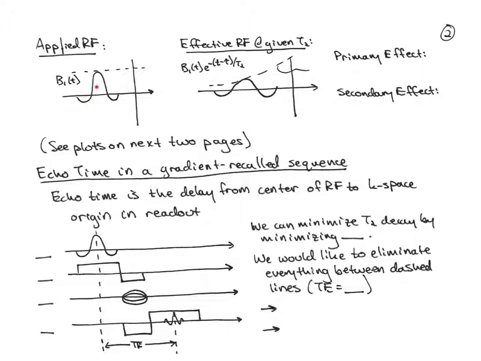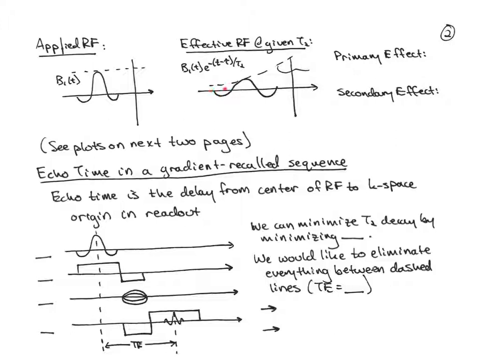So here's the applied RF waveform, and here's the effective RF waveform given this T2 relaxation. So what we have is essentially that the time points early on in the pulse are going to decay more than the time points later in the pulse, since the magnetization knockdown here won't experience as much T2 decay as magnetization knockdown here will.